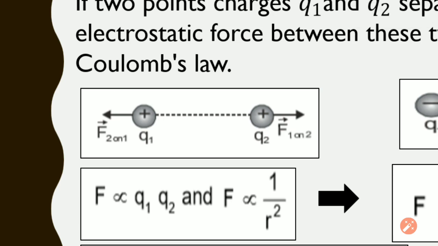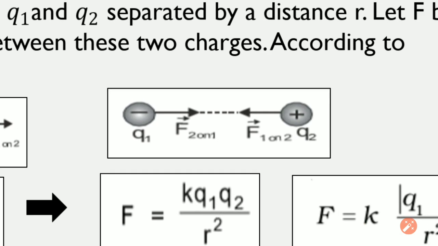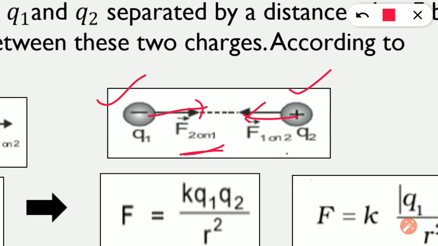Okay, the next case is about two dissimilar charges. Here there is a negative charge and a positive charge. Obviously there is an attraction, and the attractive forces are given names, F2 on 1, F1 on 2, right?